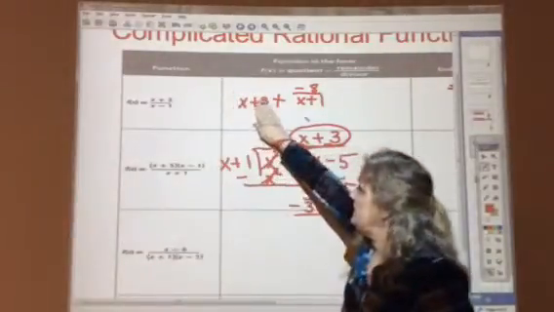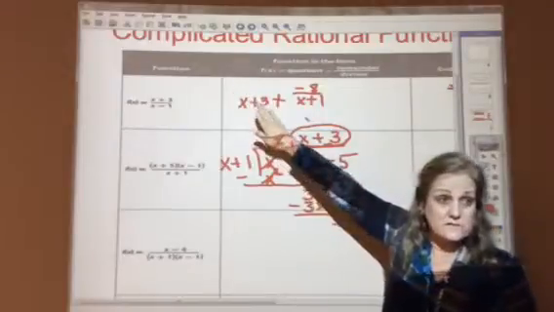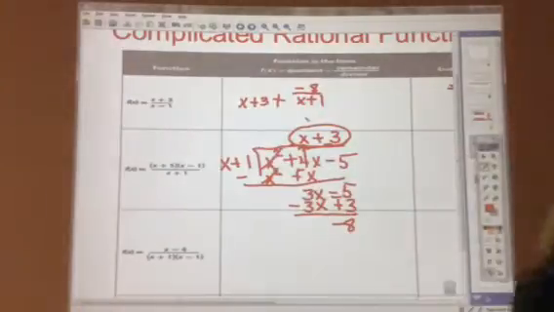How can my k equal all of that? It can't. Okay? So there is no horizontal asymptote. So if you get a binomial, there is no horizontal asymptote.